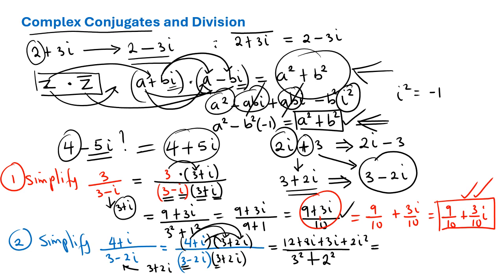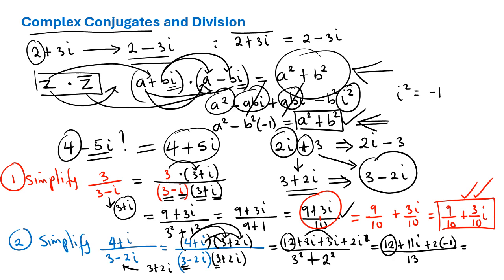Moving together, I have 12, then combine these like terms, which is going to be 11i. Then plus 2, and i to the second power we know is negative 1. Then we divide that by 3 squared, which is 9, and 9 plus 4 will be 13.